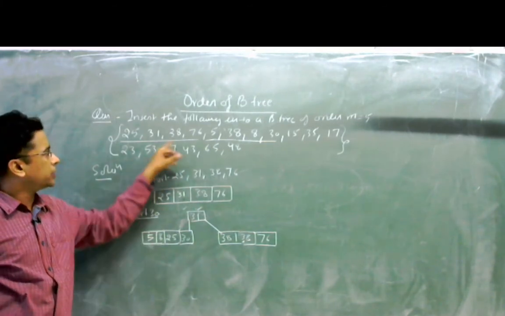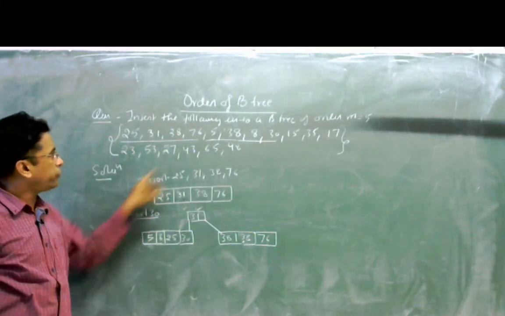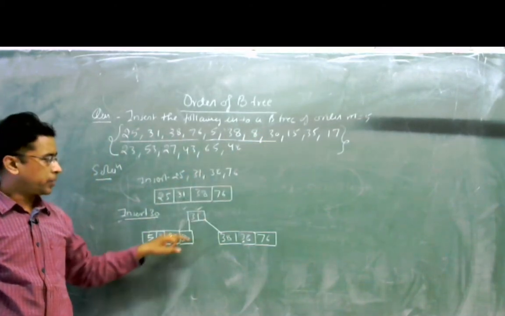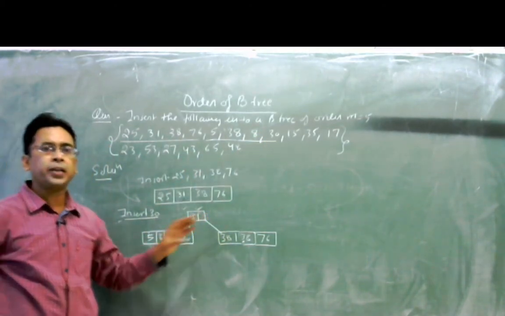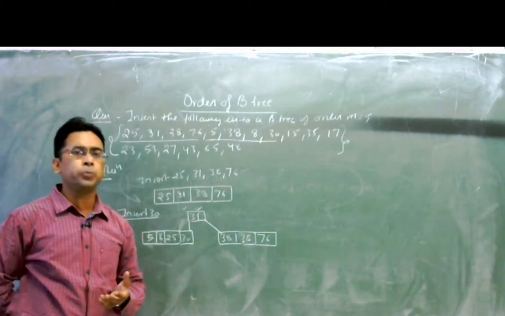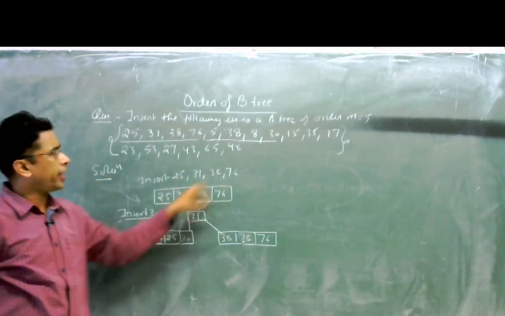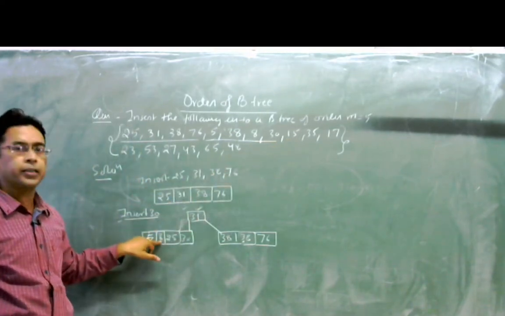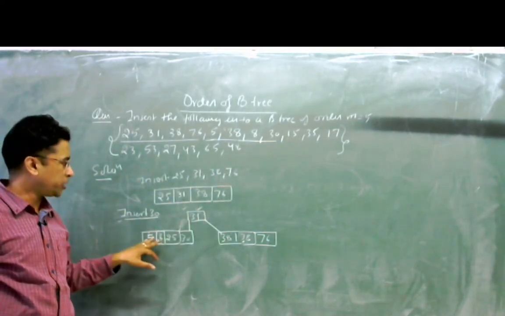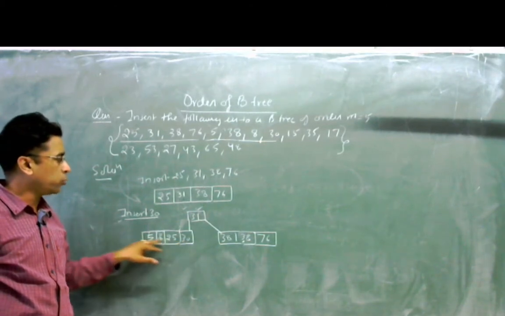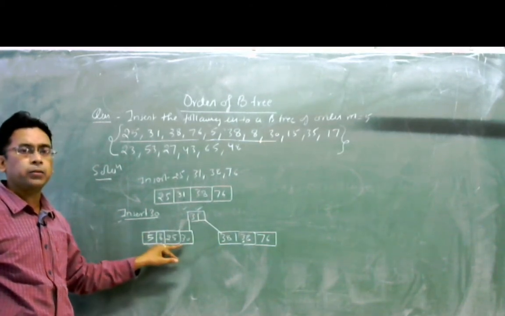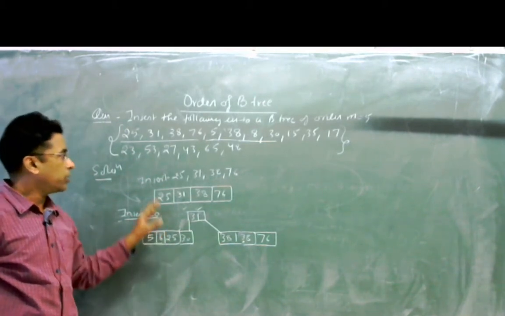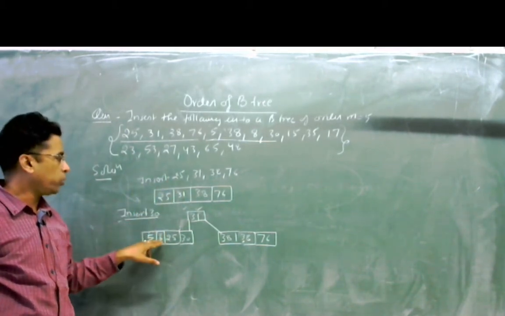So I have inserted the elements 5, 38, 8 and 30 very easily into the nodes without performing any splitting operation. But the next element is 15 and that will try to be placed here. But in this situation, this node is already at its maximum limit. So it cannot hold the next element and so it will split.